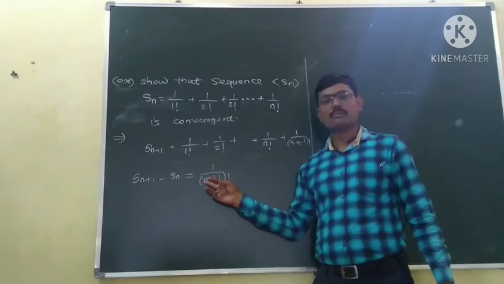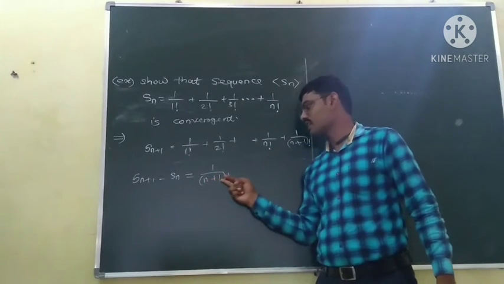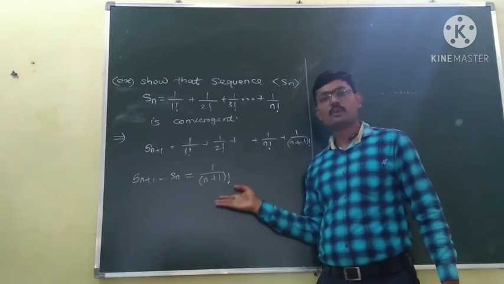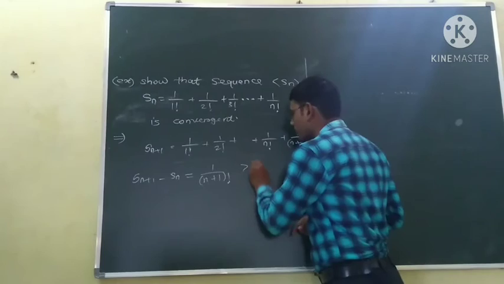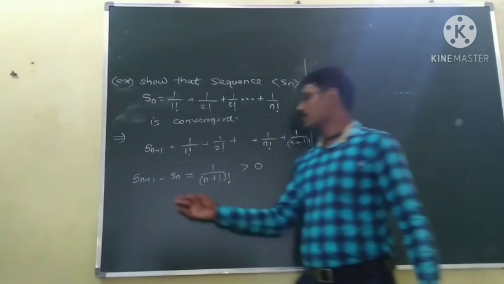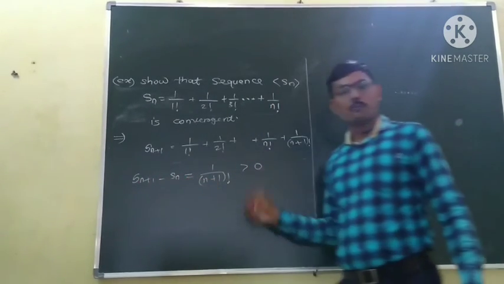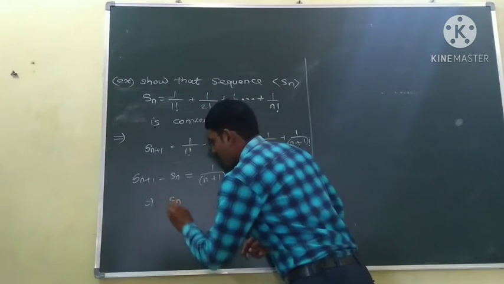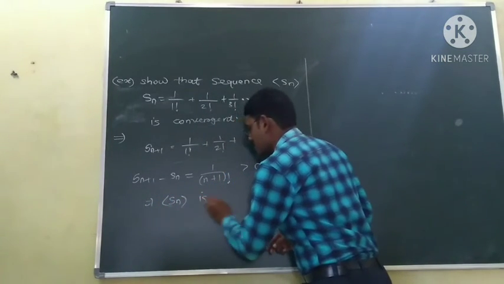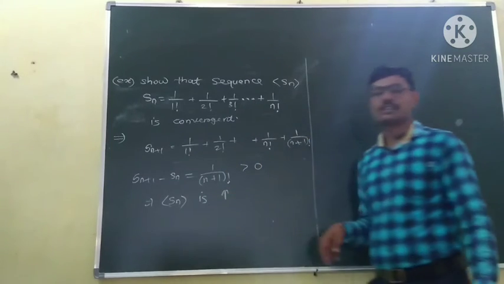Now n is a natural number, so positive. N plus 1 factorial is again a positive number. 1 upon a positive number is positive, so this is positive. So the difference between Sn plus 1 and Sn is positive. This implies the sequence Sn is monotonic increasing.